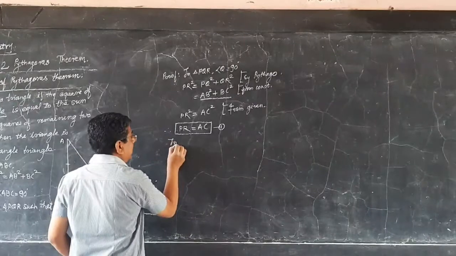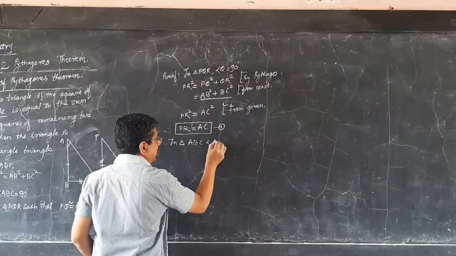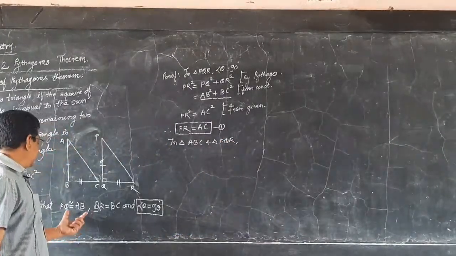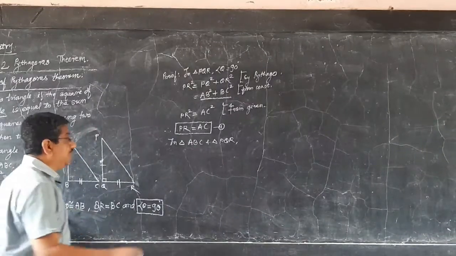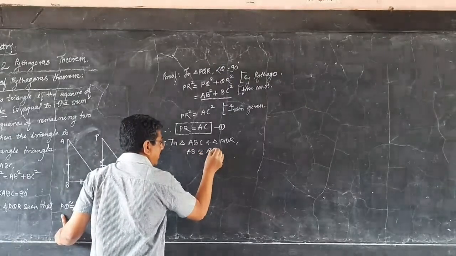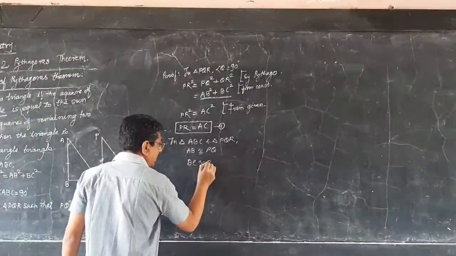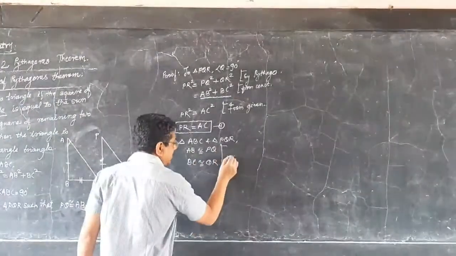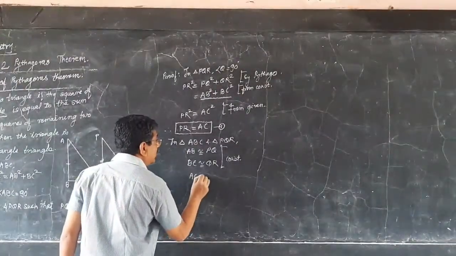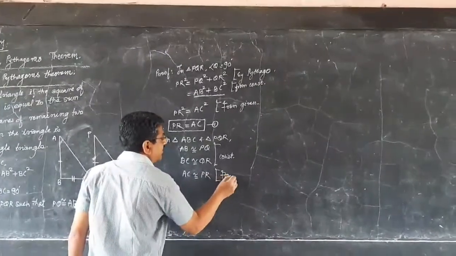Now, in triangle ABC and triangle PQR, AB is congruent to PQ. Then BC is congruent to QR. That is a construction. And AC is congruent to PR. That is from statement 1.